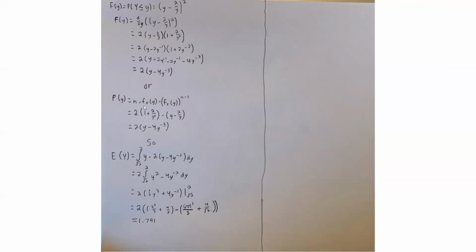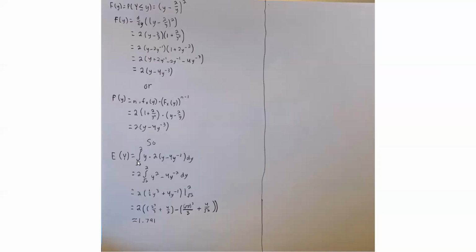We know that n is 2 in this case because we have 2 students, times the PDF with y plugged in, so that'd be 1 + 2/y², times the CDF with y plugged in, which would be 1 − 2/y. And in this case, n − 1 would just be 1 because it'd be 2 − 1. And then when you multiply that out, it would be 2 times (1 − 4y⁻³). So that is our PDF of Y.